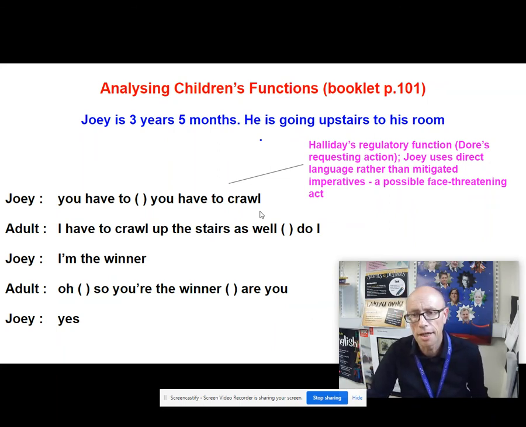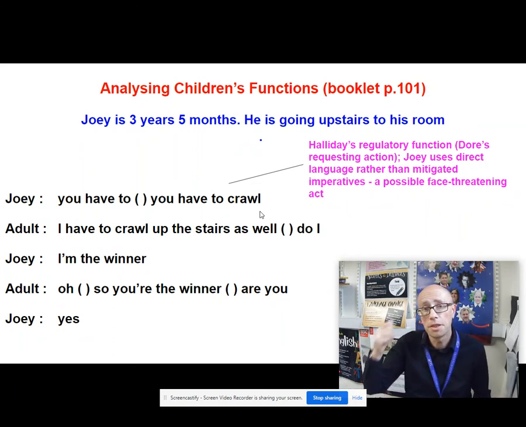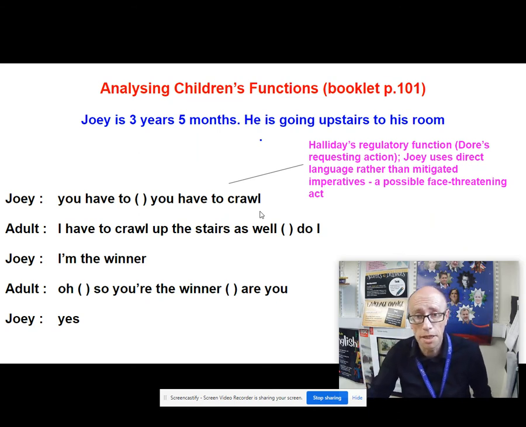So he's telling the adult what to do, and he's using very direct language, presumably because he only has fairly limited language skills. He may be creeping into the post-telegraphic stage in terms of the structural model of language, but that doesn't mean this person has mastered all of the subtleties and pragmatic features of polite speech.